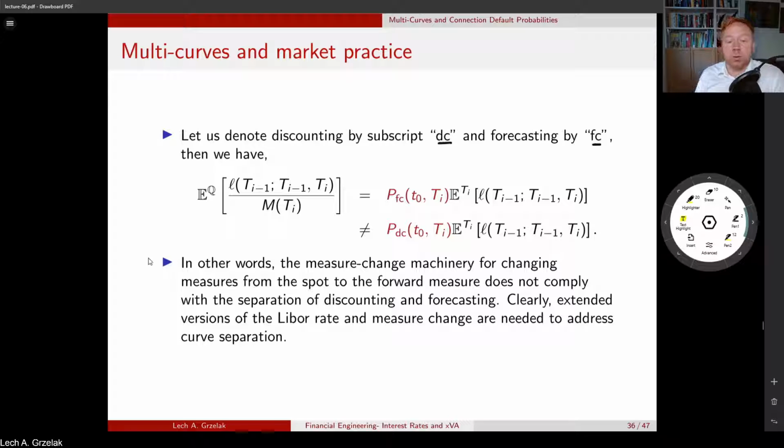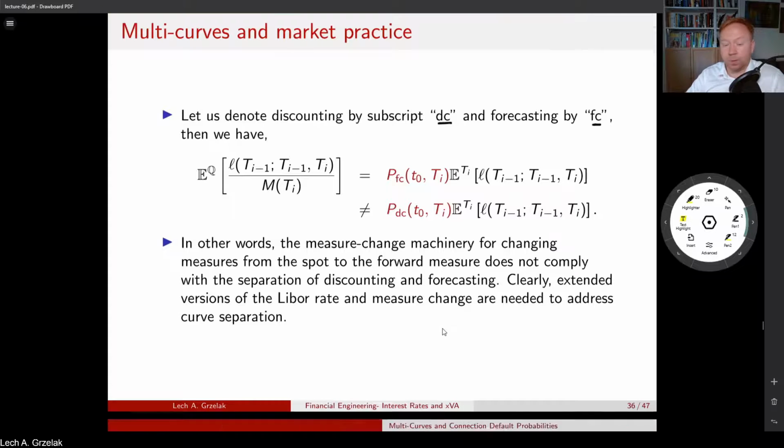So in other words, the measure change technology we have seen in the previous lectures for changing measures from the spot to forward does not comply with the separation of discounting and forwarding curves. Extended versions of the LIBOR rate and measure changes are necessary to address this issue.